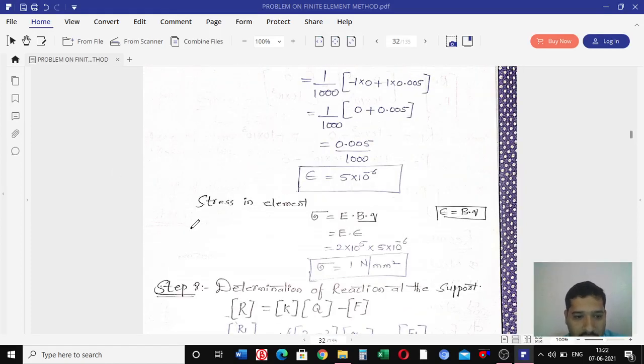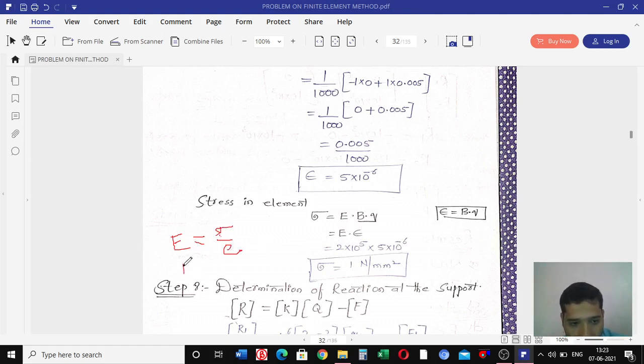Okay, let us see. The stress formula is E equal to stress by strain. Just multiply these terms.